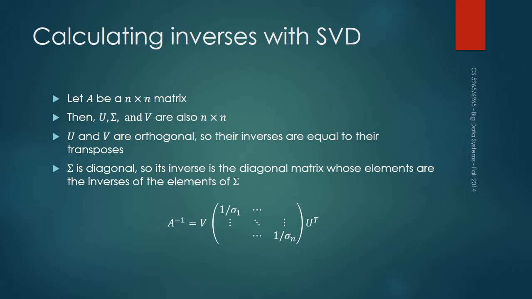Given that U and V are orthogonal, their inverses are just the transposes, right? Because U transpose U is equal to identity, so U inverse is U transpose. Sigma is diagonal, therefore its inverse is going to be 1 over sigma, because it's a diagonal matrix.